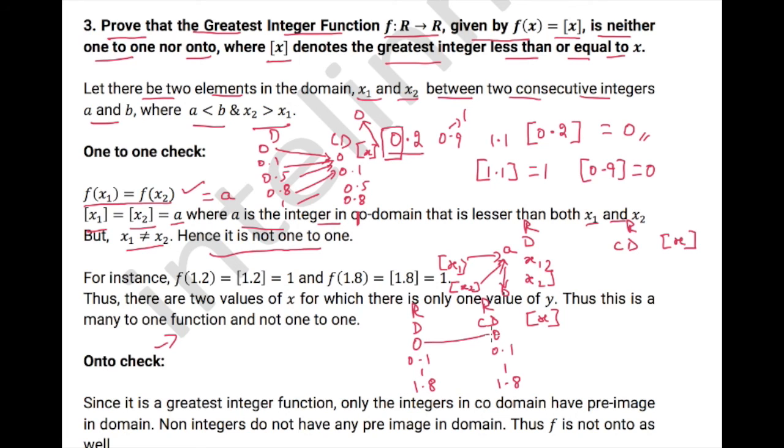Now 0 is mapped to 0, 0.1 is also mapped to 0, 1 is mapped to 1 and 1.8 is mapped to 1. Notice 0.1 or 1.8 doesn't have any pre-image here. Thus, these fractions will be left out without any pre-image and hence it cannot be onto.